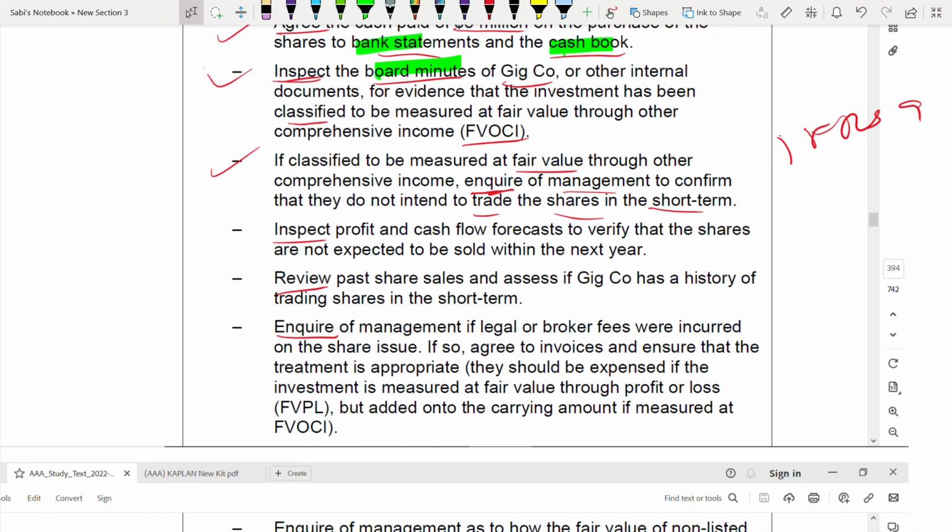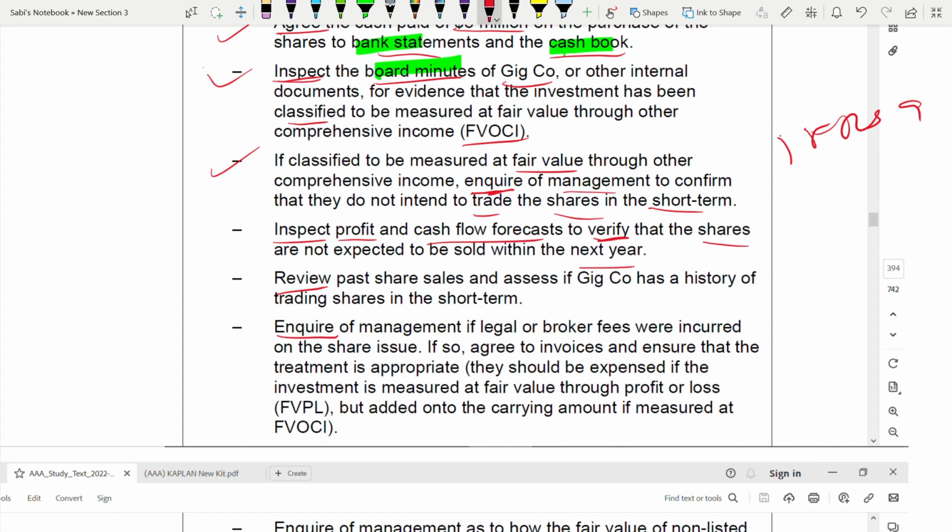Fourth, inspect again, where one is profit, the other one is cash flow forecast. Why? To verify that shares are not expected to be sold within the next year. Why profit and cash flow focus? See, when you are selling the share, where will it have an impact?